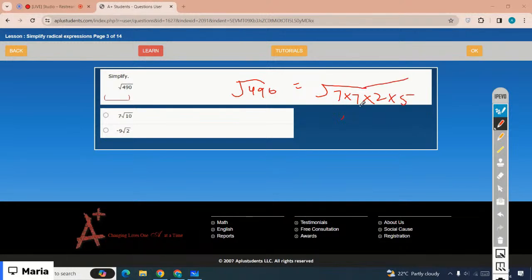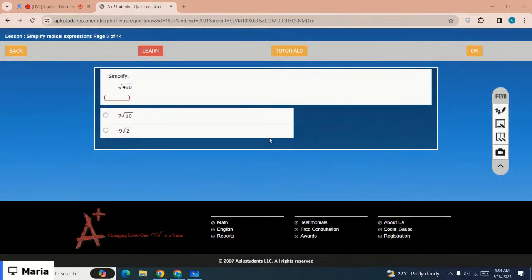So you can write it as 7 square times 2 times 5. You can write this 7 square outside the radical and 2 times 5 is 10. So the correct option is 7 square root 10. Got it? Option number 1 is the correct option, right?